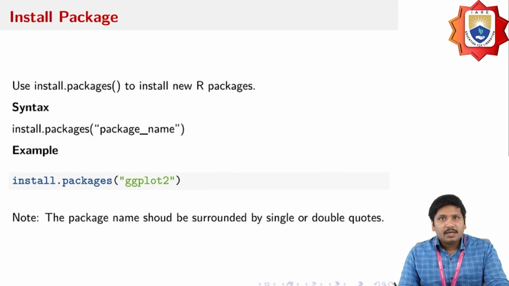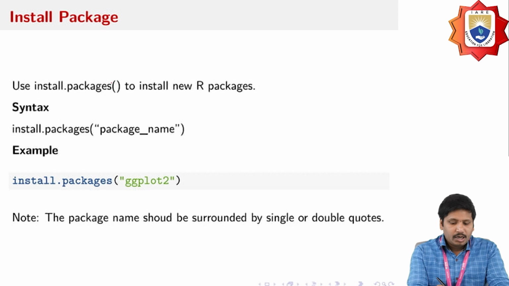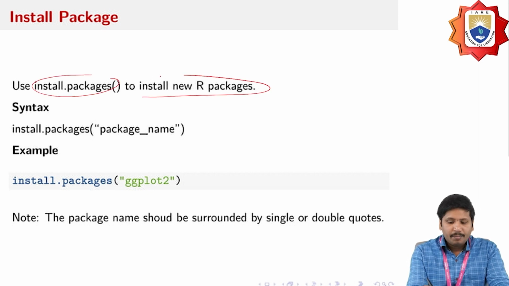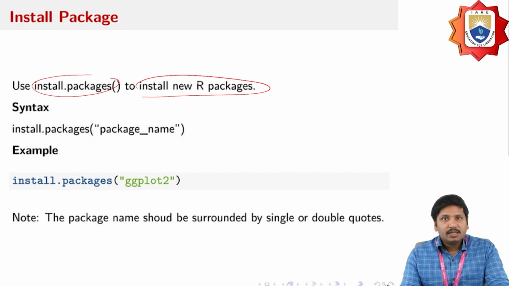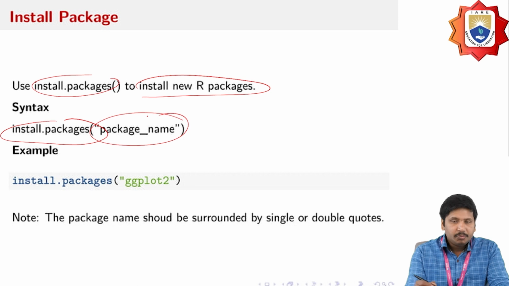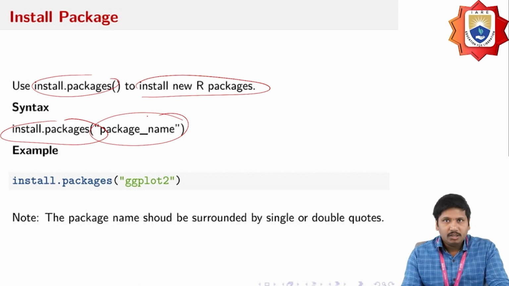And install packages. How are we going to install these packages? For that we need a command called install.packages() to install new R packages. The syntax is install.packages(), and you have to specify which package is going to be installed, so you have to mention the package name.